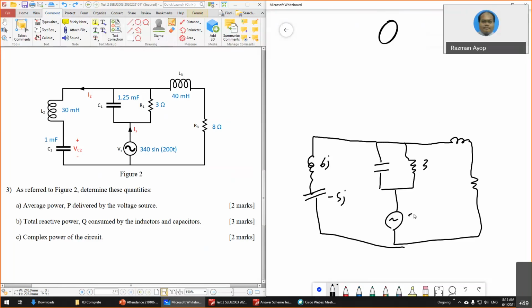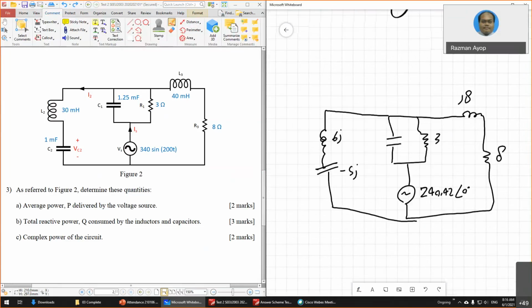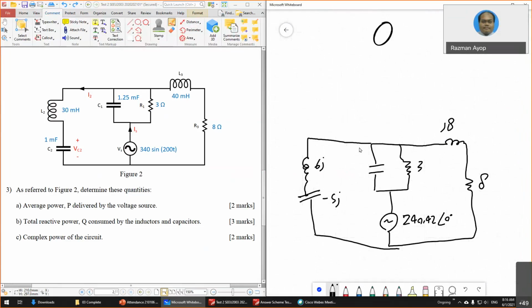The source is 0.42 angle 0. This one is J8, this one is 8, and C1 is negative J4. So negative J4.